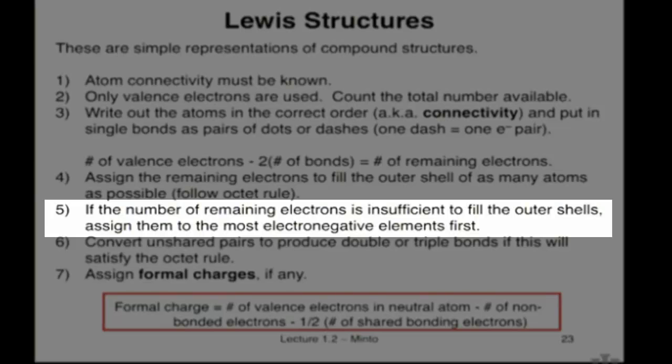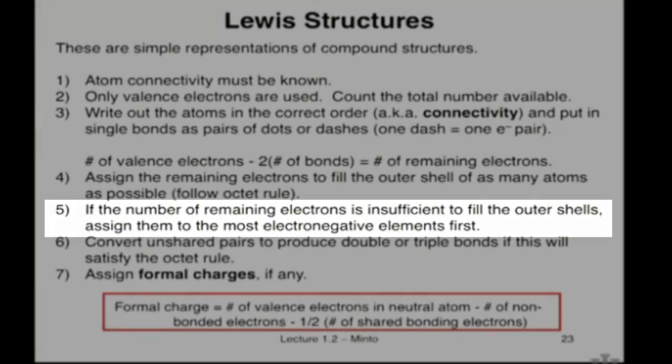If you find that you maybe don't think you're going to have enough electrons to do that, the thing that you should do in distributing the electrons is to try to give electrons to the most electronegative atoms first and the most electropositive elements last.